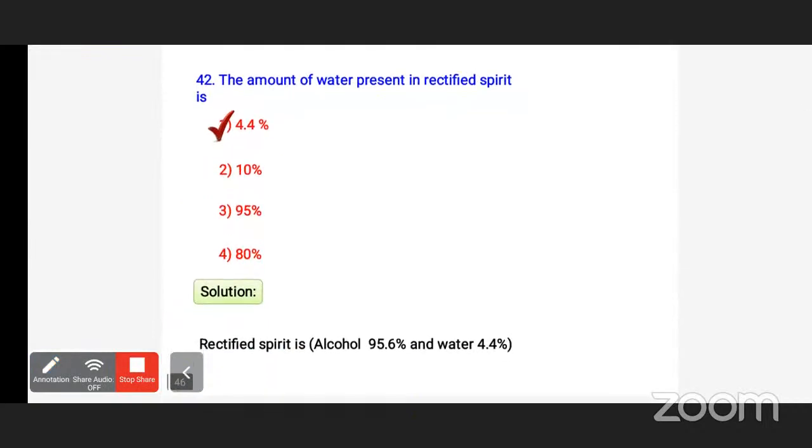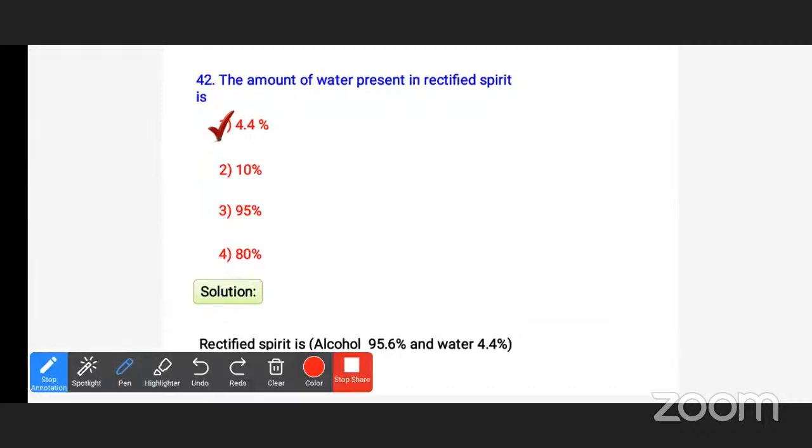The amount of water present in rectified spirit. Options are 4.4 percentage, 10 percentage, 95 percentage, 85 percentage. Here, rectified spirit is ethyl alcohol 95.6 percentage.